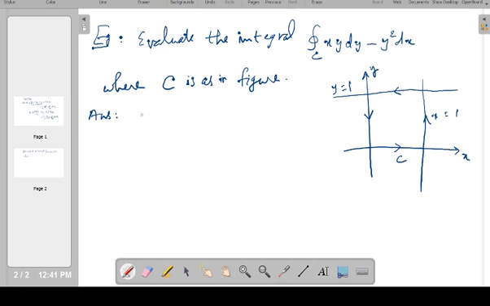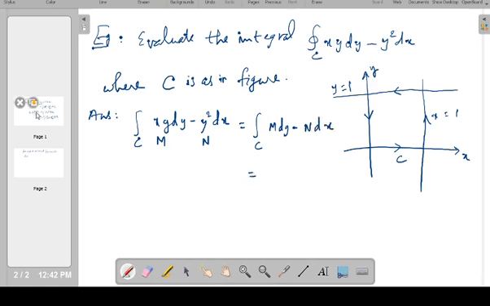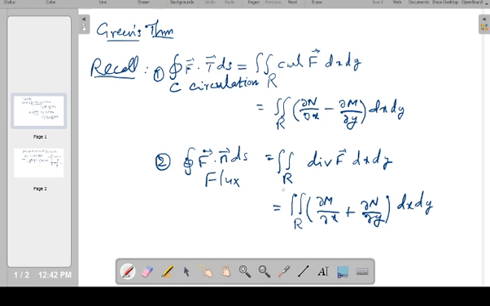So the integral over C of xy dy minus y square dx. If you call this M and this N, so this is the integral over C of M dy minus N dx. But what is M dy minus N dx? Yes, it is precisely your flux.